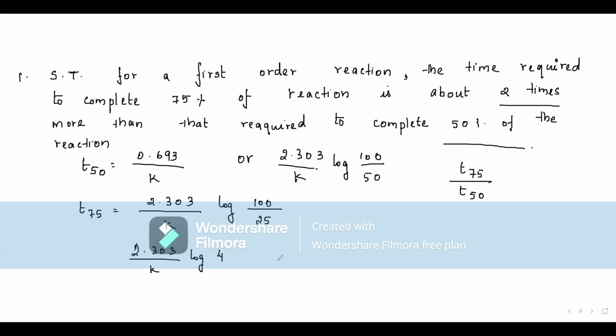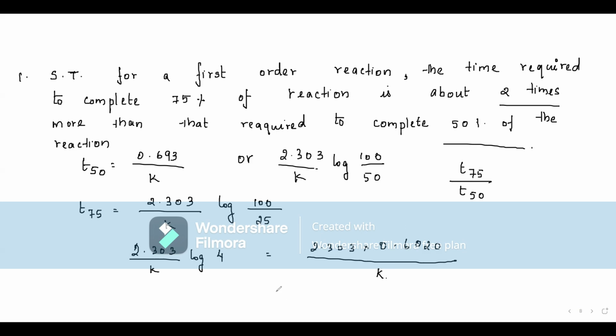So first of all, we need the value of log 4. Log 4 should be around 0.60 something. Anyway, let me check. Log 4 is 0.6020 by K. All right.